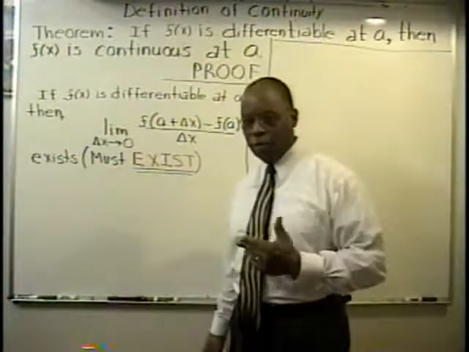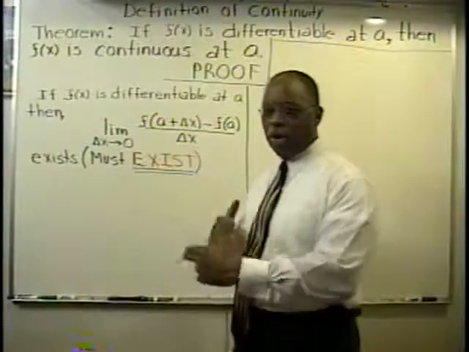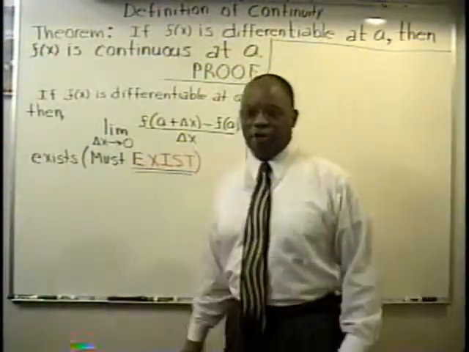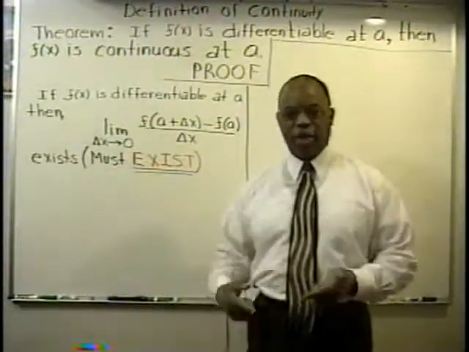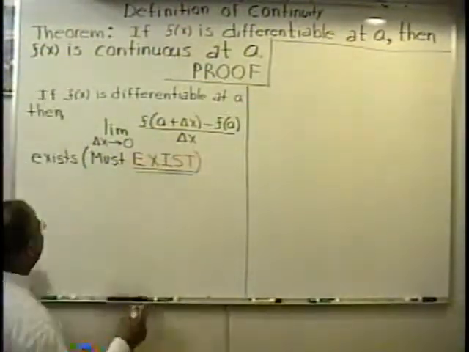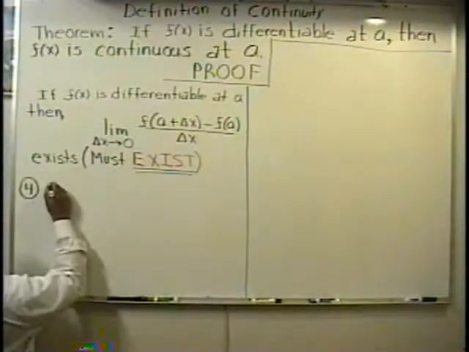So we need to pull from the definition of continuity and then do some algebra to arrive at the differentiated function, to show that because it's differentiable, it is continuous. So here goes the fourth statement. Here was statement number 4 that you were given previously.